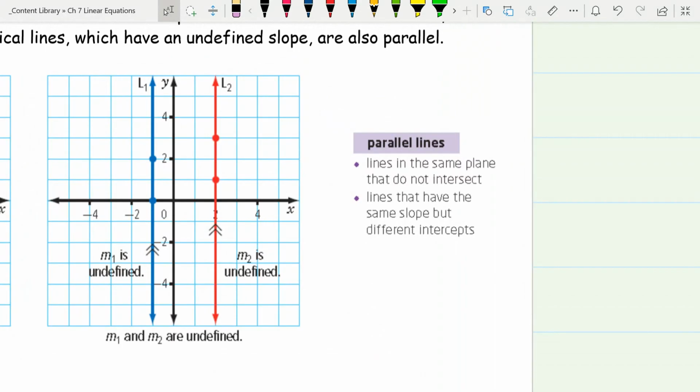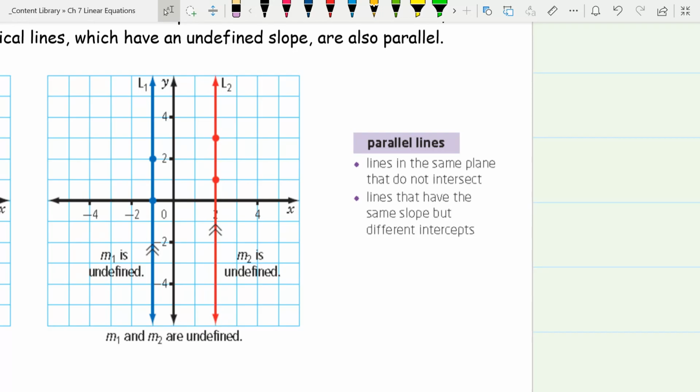So can we still have undefined slope lines that run parallel? Yeah, you just have to write another one. What kind of equations are vertical lines? If I wanted you to write an equation of a vertical line, what axis does it intersect?